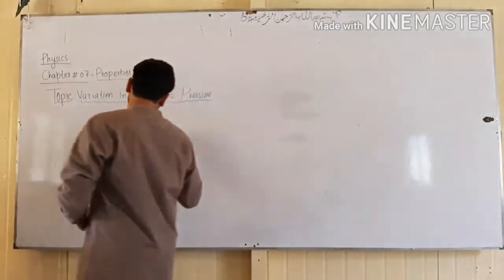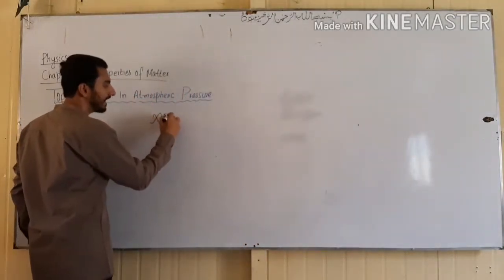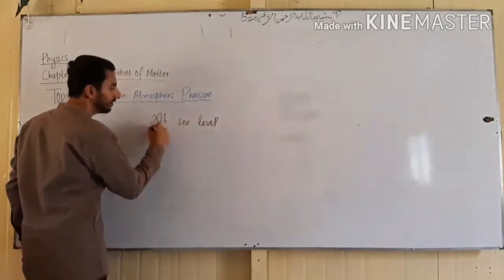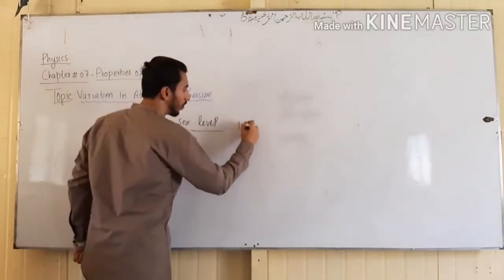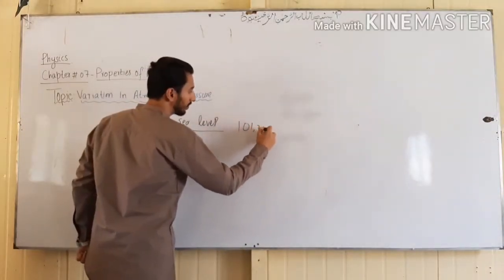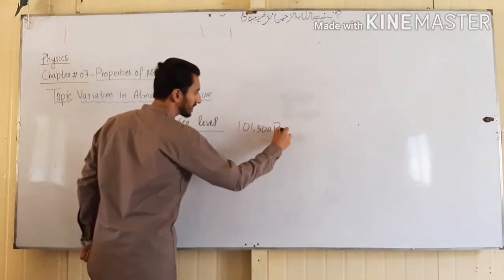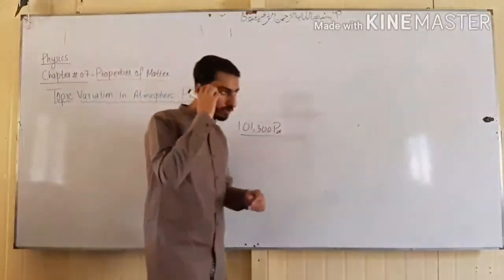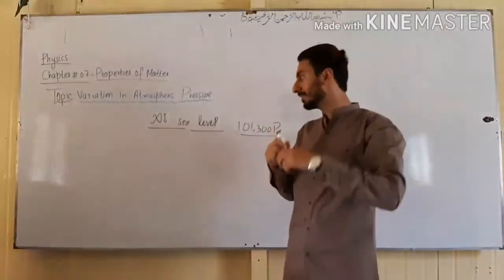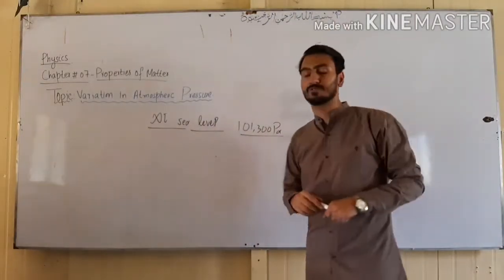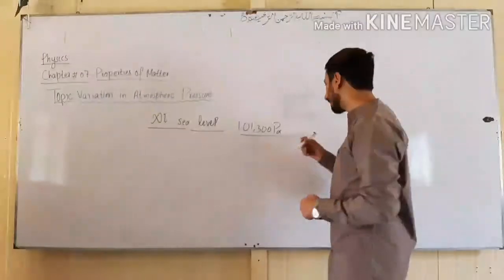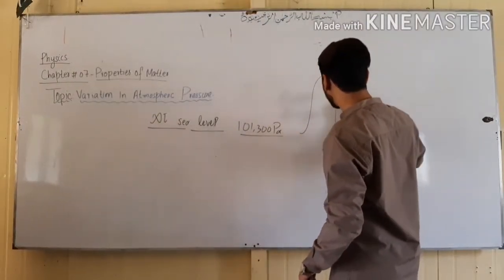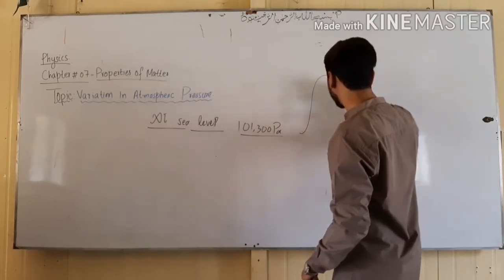Students, we know that at sea level atmospheric pressure is 101,300 Pascal. As we go up, as we go to some height, this atmospheric pressure decreases. Consider an example. This is a mountain.